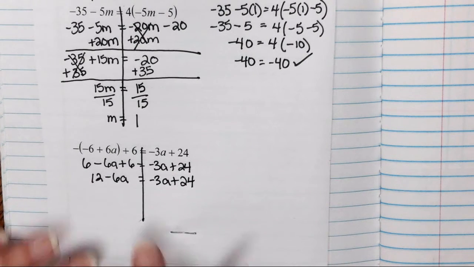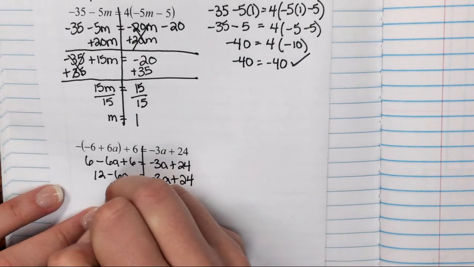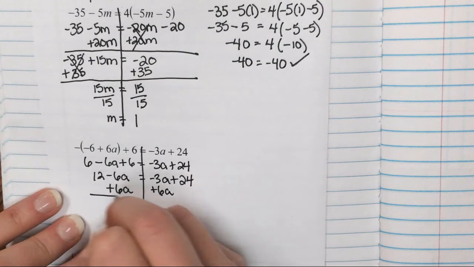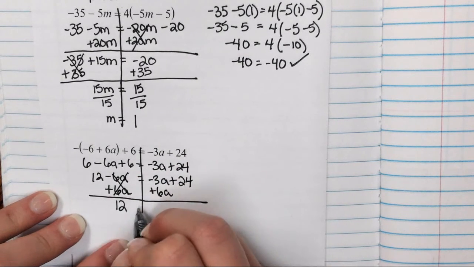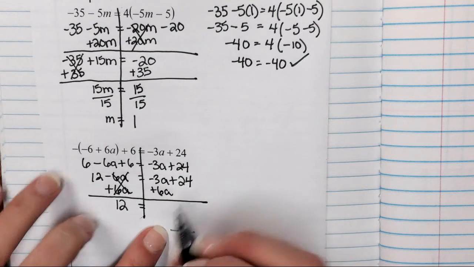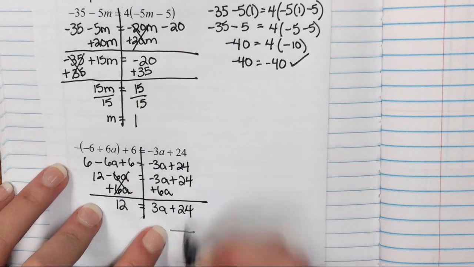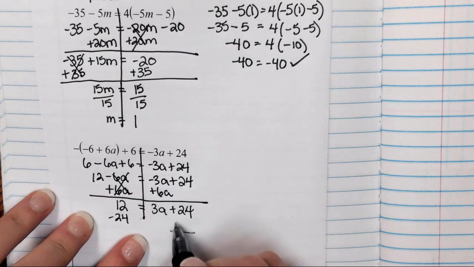And this time I'm going to move all my variables to the right in order to keep the coefficient positive. So addition property of equality, I'm going to add 6a to both sides. These two cancel. So I have 12 is equal to negative 3a plus 6a is 3a plus 24. Then I'm going to subtract 24 from both sides, subtraction property of equality.